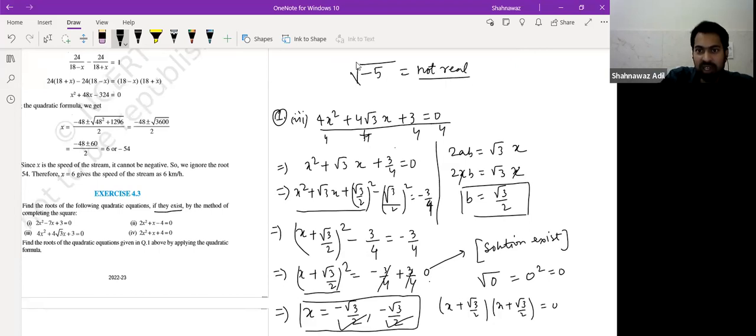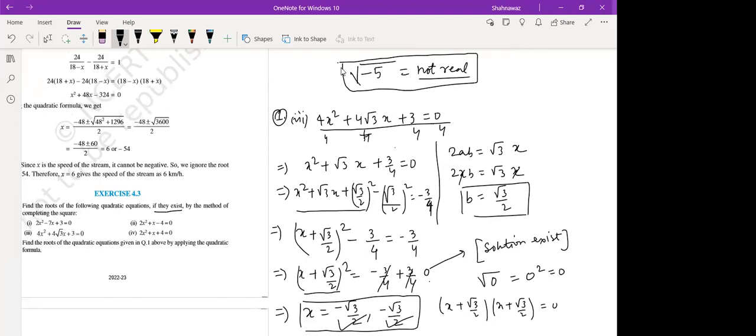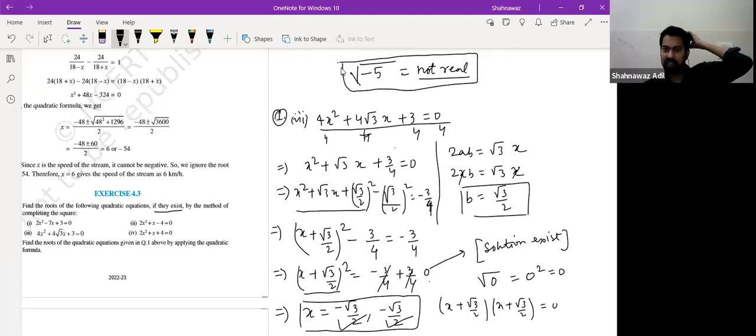That is why your solution doesn't exist. So it only needs to be a negative number to not have a solution. If you find any negative number, then your solution doesn't exist.